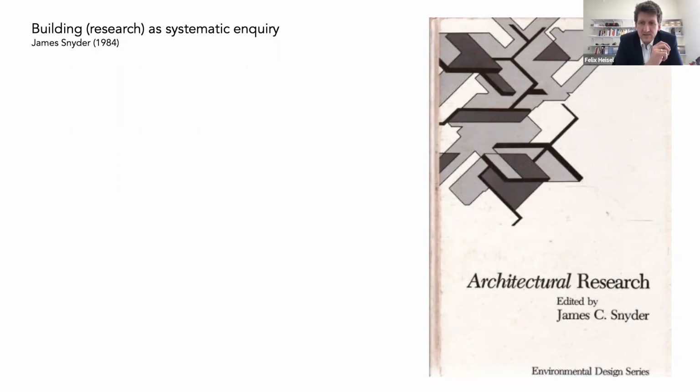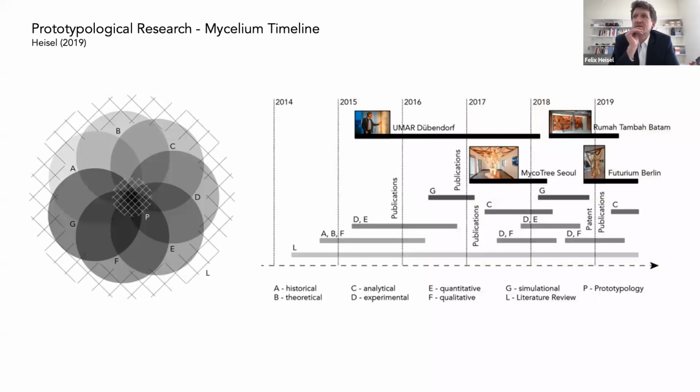Because design decisions in the architectural office, for example, are often research-based, but usually not systematic. And secondly, it also implies the need for a research methodology, right? Systematic needs a research methodology, which can be understood as a constructive framework to structure and describe the research methods. And so what we're trying to do is basically implement prototypological research as this methodology.